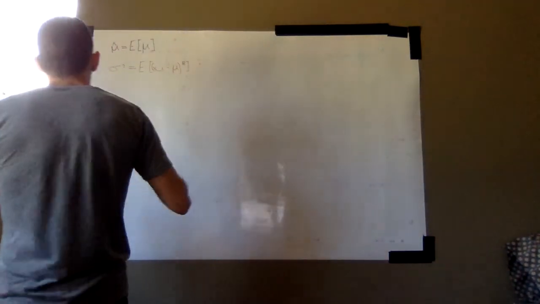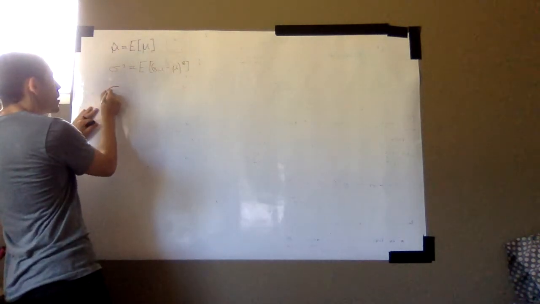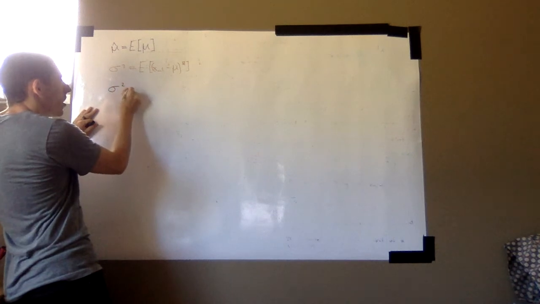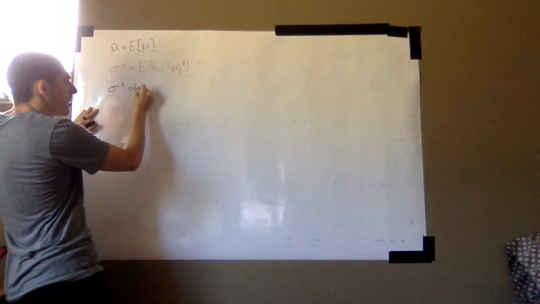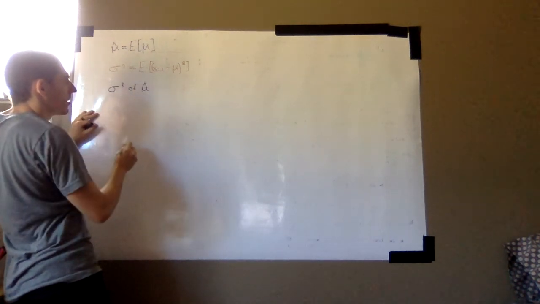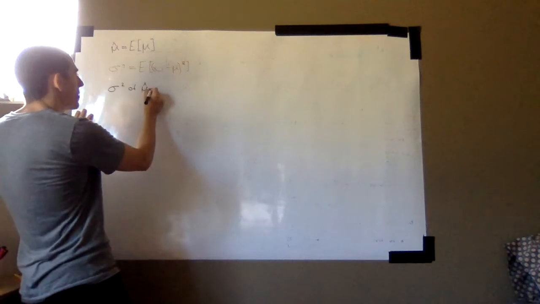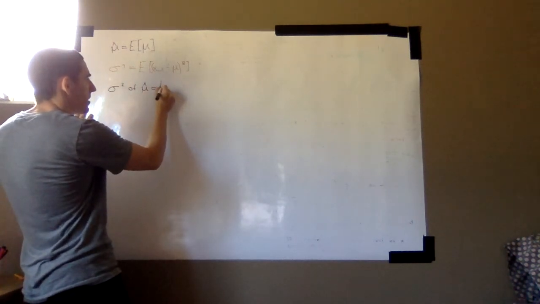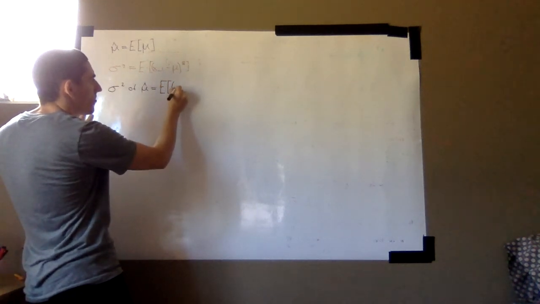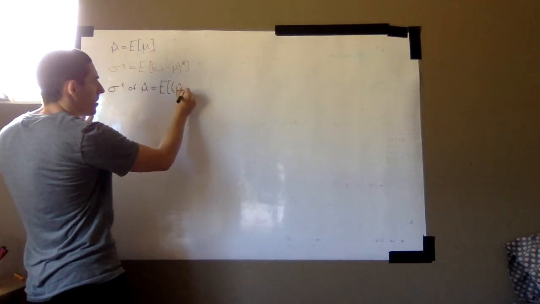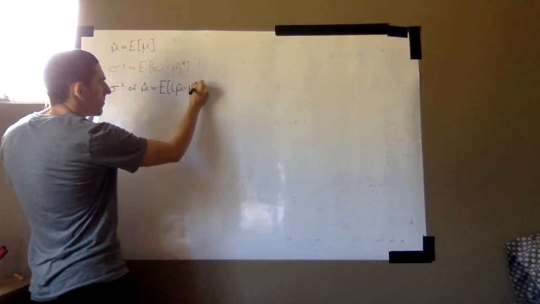So that means that the sigma squared of the means of mu hat, how it's spread out, is the estimator mu hat is equal to the expected value of mu hat minus mu, squared.